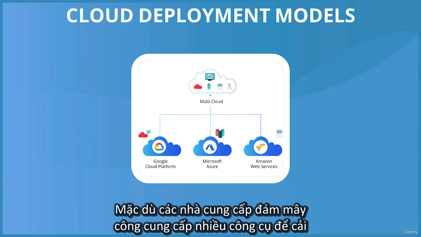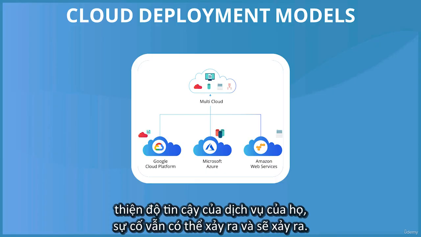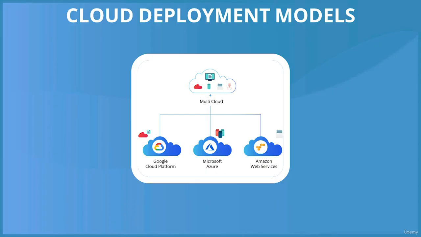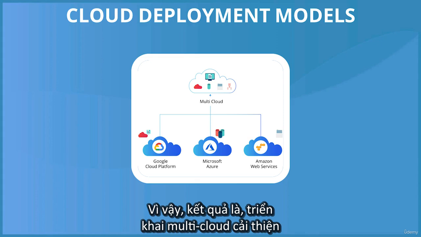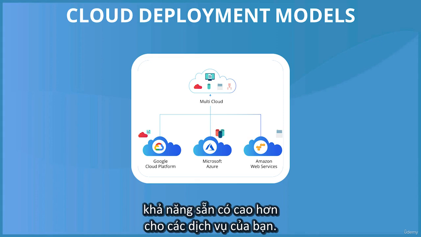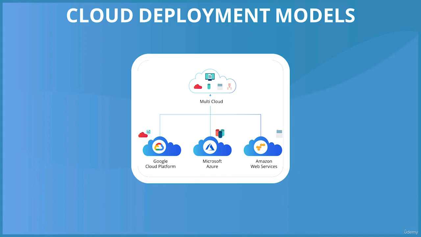Although public cloud providers provide numerous tools to improve the reliability of their own services, mishaps are still possible and will occur. Now, it's quite rare that 2 distinct clouds would have an incident at the very same moment. So as a result, multi-cloud deployment improves the high availability of your services even more.